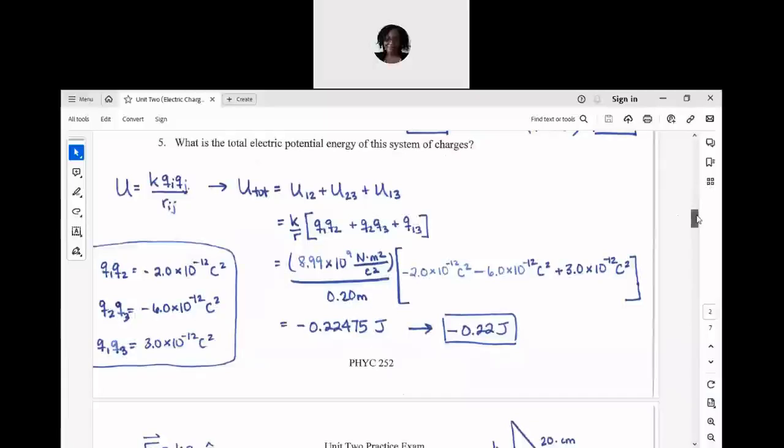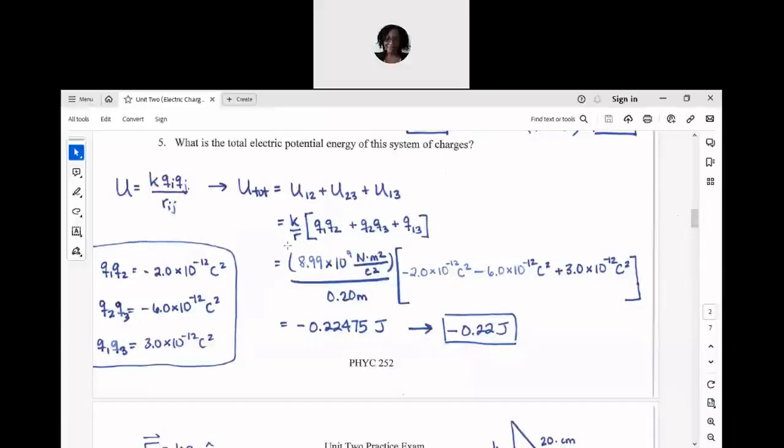Now for number 5, if I calculate the total electrical potential energy of that system of charges, I need to take into account all 3 of the pairs that I can build. So the total potential energy is going to involve the potential energy of just 1 and 2, just 2 and 3, and then finally 1 and 3.